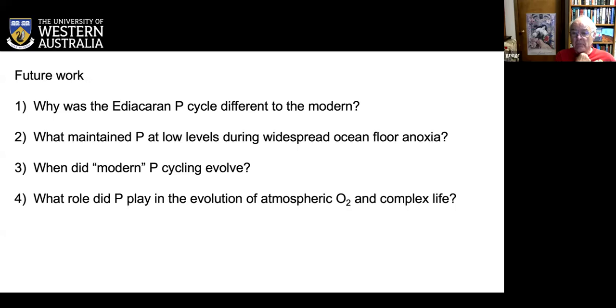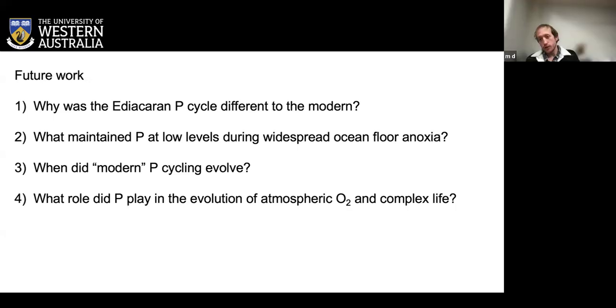But what it would do is, if you had less phosphorus going into the ocean, you'd of course have less primary productivity occurring, and therefore you'd have less oxygen production. So this would just add to the compounding effects that would support this low oxygen world.